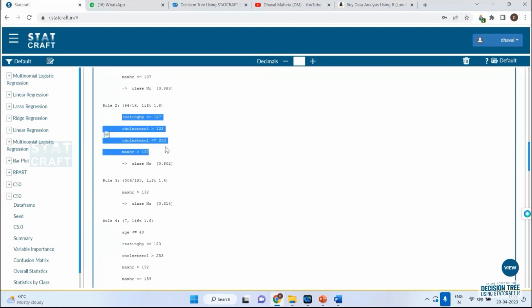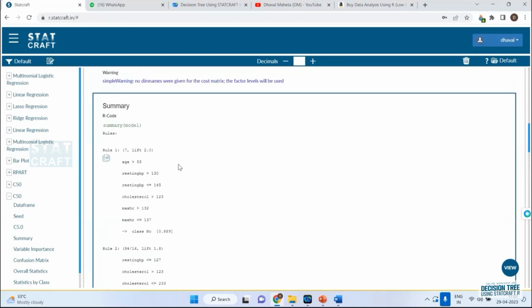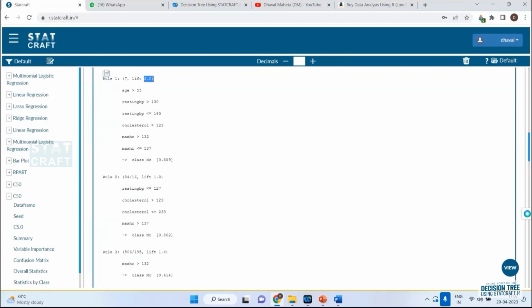Now see, any patient whose resting blood pressure is less than 127, cholesterol is between 123 to 233, maximum hours of exercise is 137, then the probability that the person is not having the heart disease is 80%. What is a lift? Here the lift is 2, which means that our model is 2 times more successful than the random guess.